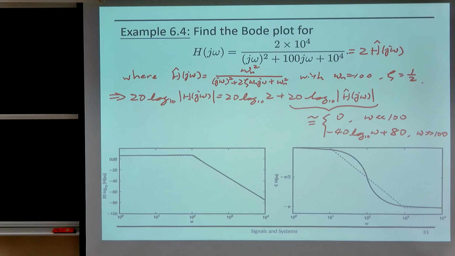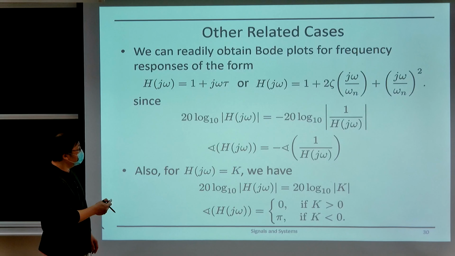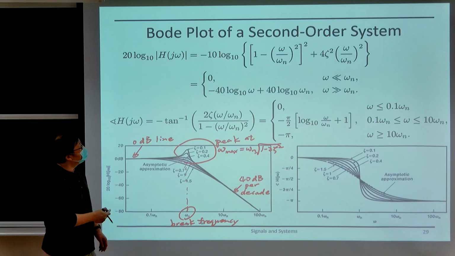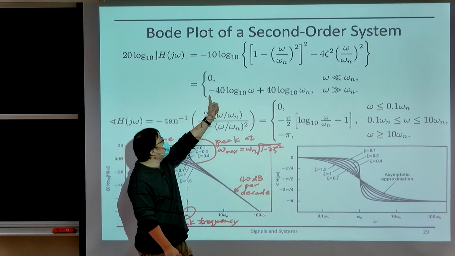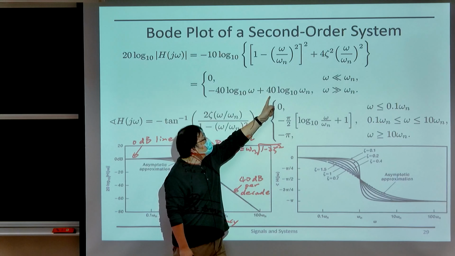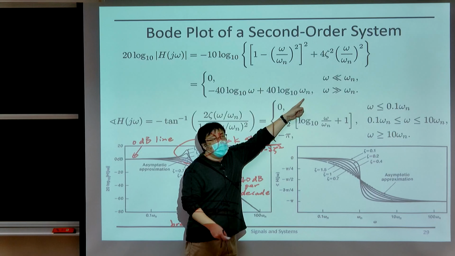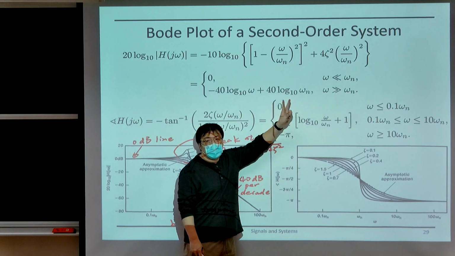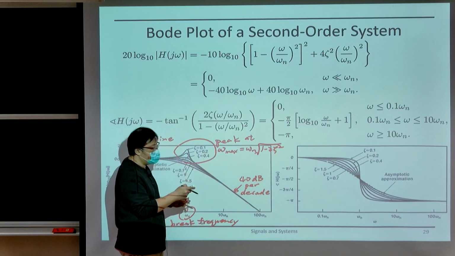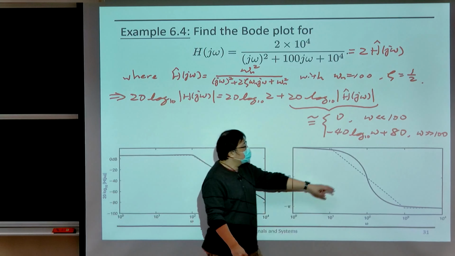So you can obtain that from this thing here. I have minus 40 log 10 omega plus 40 log 10 omega n. Omega n is 100, log 10 of 100 is 2, and 2 times 40 is 80. So this is what we get here.